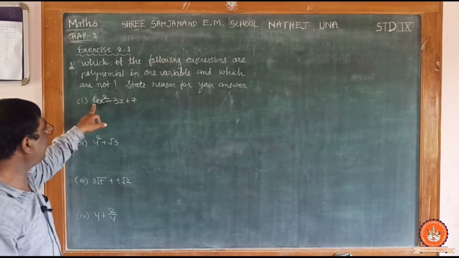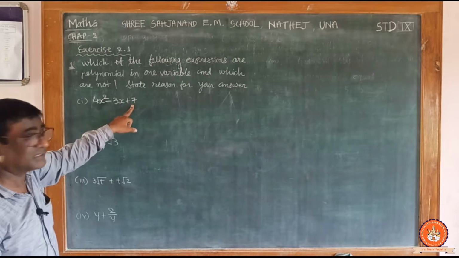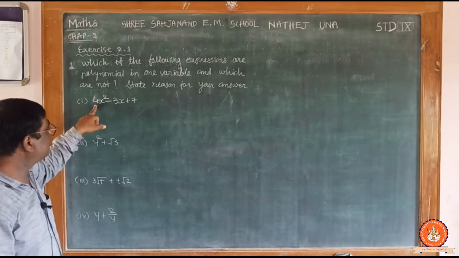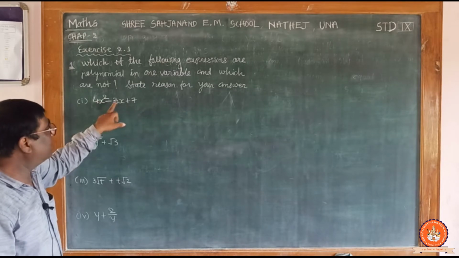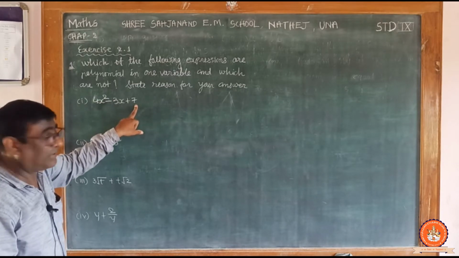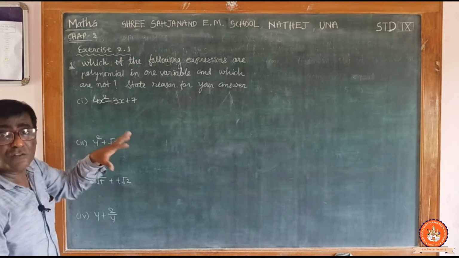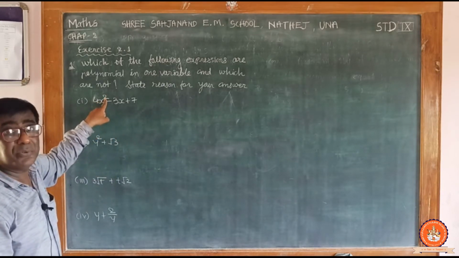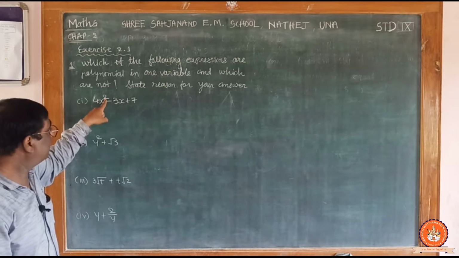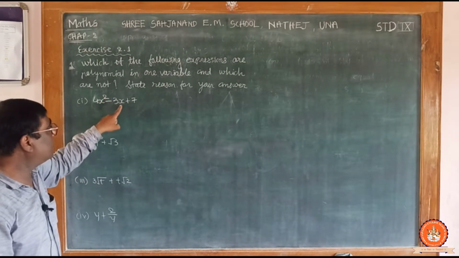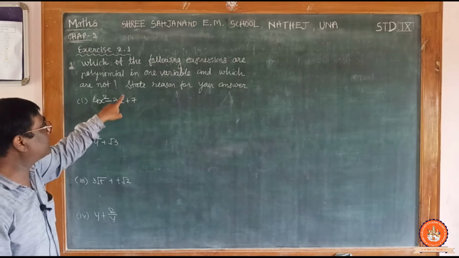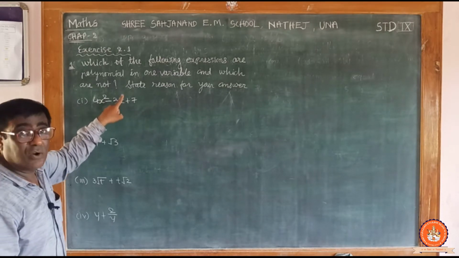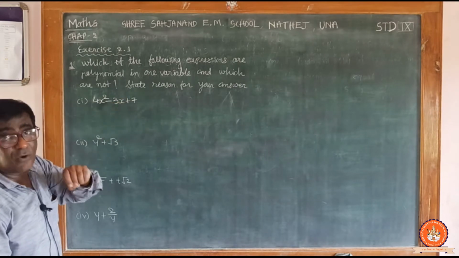So, 4x square minus 3x plus 7. Look at it. Here the first term is 4x square, the second term is minus 3x and the third term is 7. Look at the power of the variable in each term. x raised to 2, and 2 is a whole number. Here, minus 3x, the exponent of the variable is 1, and 1 is a whole number.